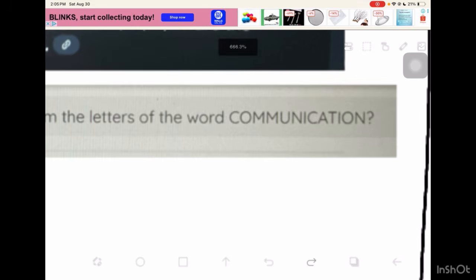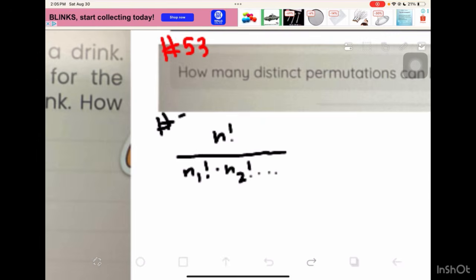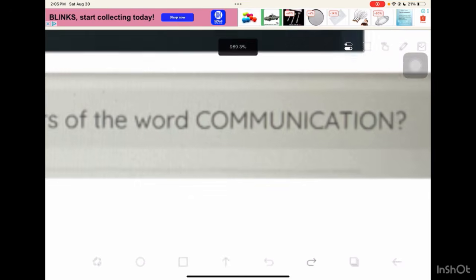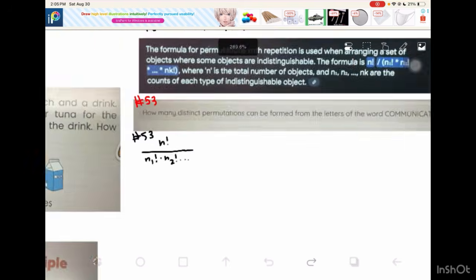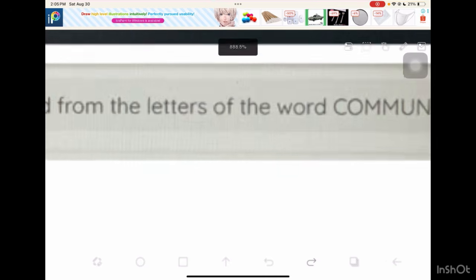The first step is to count how many letters. For these word type problems, count how many letters there are. So C O M M U N I C A T I O N. So it's going to be 13 factorial because of the letters. But let's count the duplicate letters.